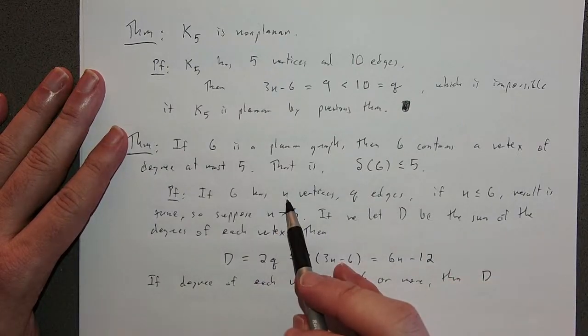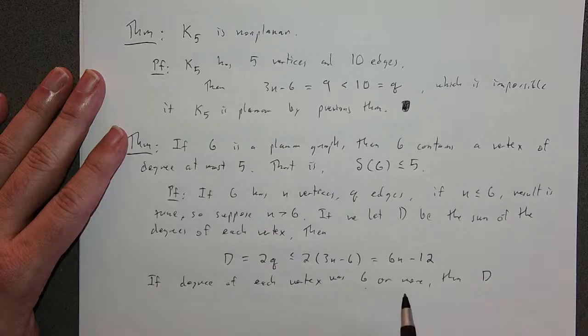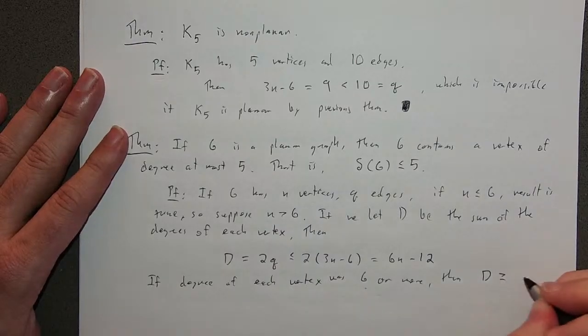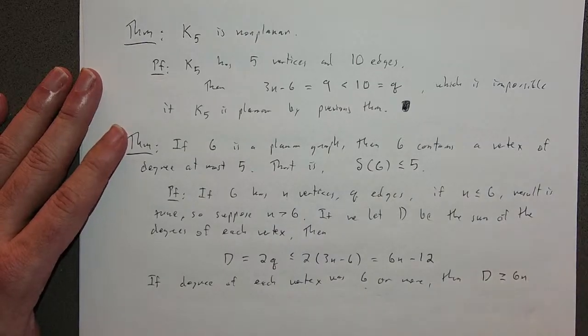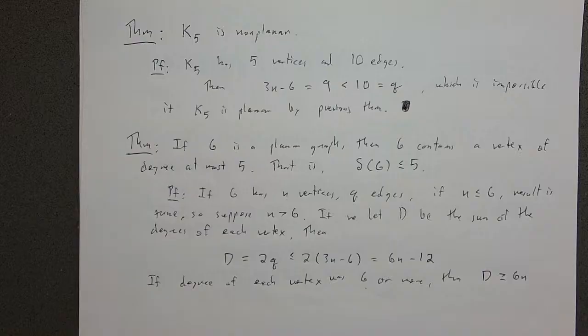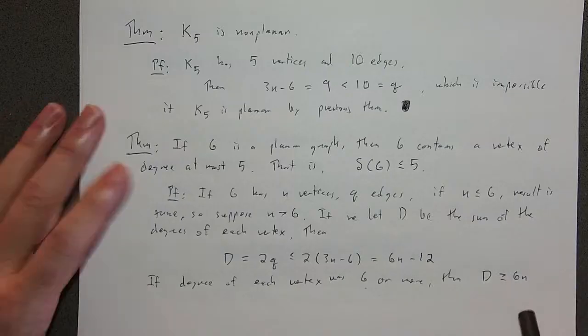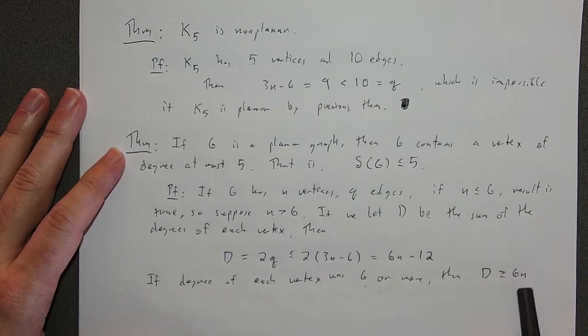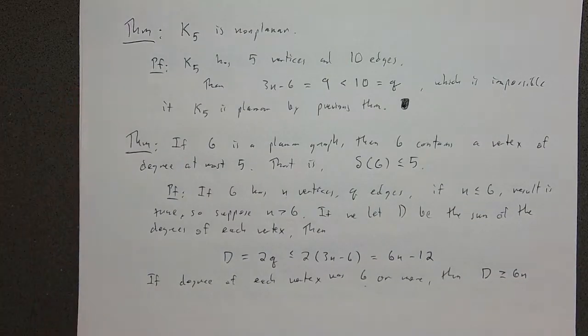G has n vertices. If the degree of each vertex was 6 or more, then D has to be at least 6n, 6 times the number of vertices. And the reason it's greater than or equal to is because I said 6 or more, right? So some vertices could have degree 8, 10, 25, whatever, but all of them have degree at least 6. So in this case, the smallest D could possibly be is 6 times the number of vertices.